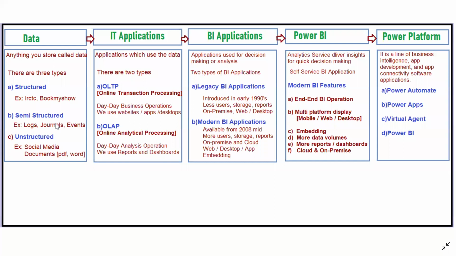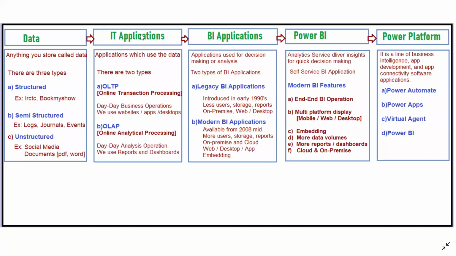Your auditing data, event tracking data, recording data is semi-structured, not fully structured. Third, unstructured, no structure at all. Your Facebook, your Instagram, your Gmail, your Word document content, your PDF document content, all come under unstructured. So these are the 3 types of data you find in IT.